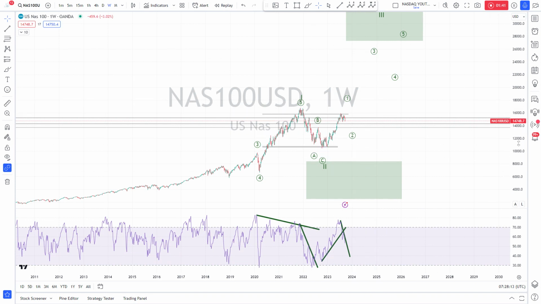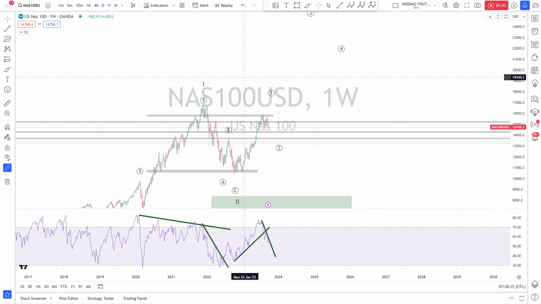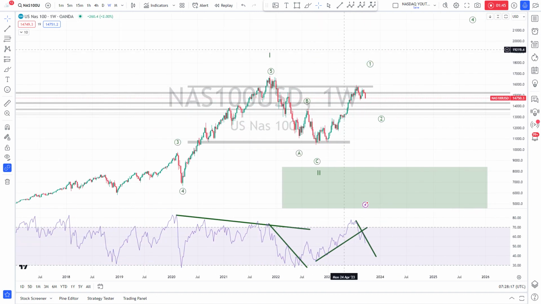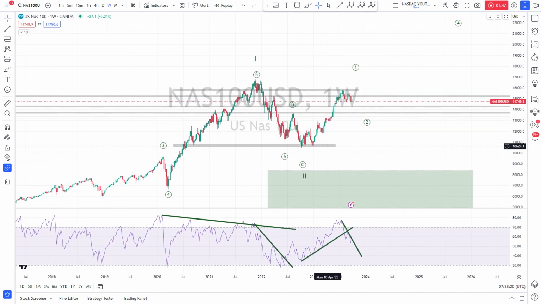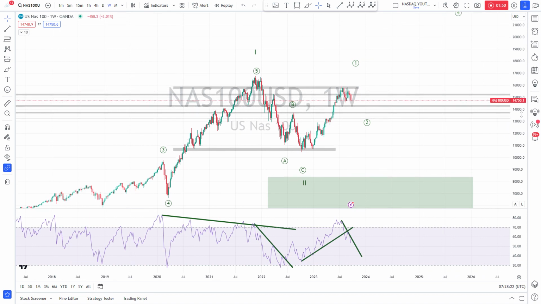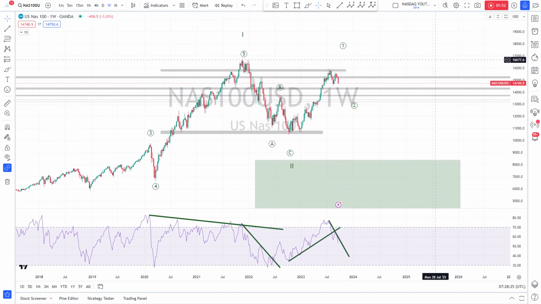Of course, there's also a bearish scenario. I would say it's not my primary one. The bullish one is my primary one, but the bearish one could look like this.